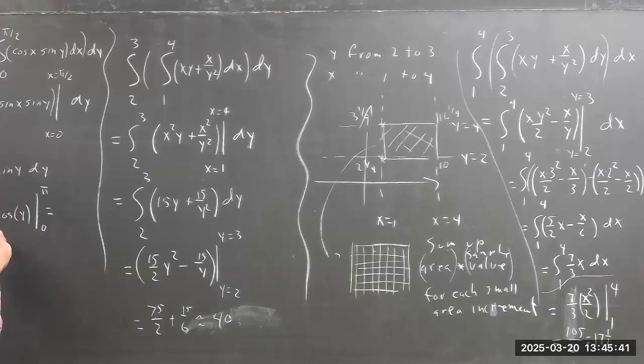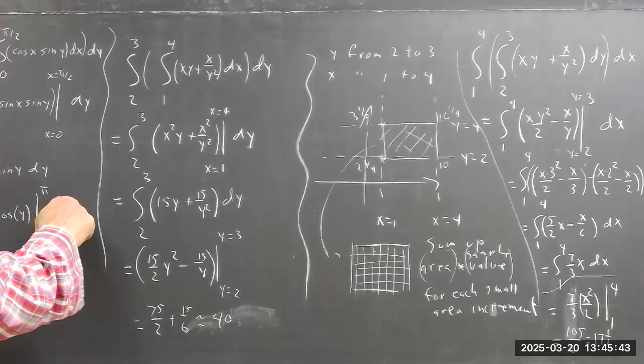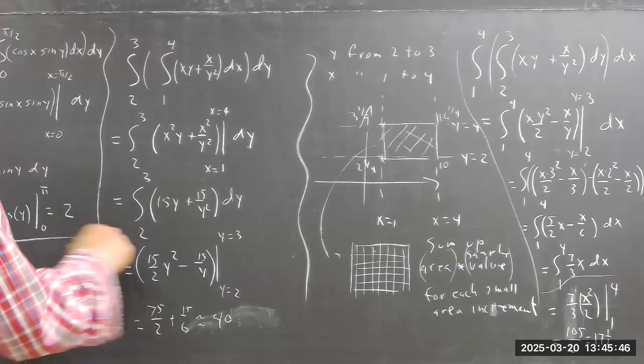Cosine of 0 is 1, you're going to get minus a negative 1. That's equal to 2.